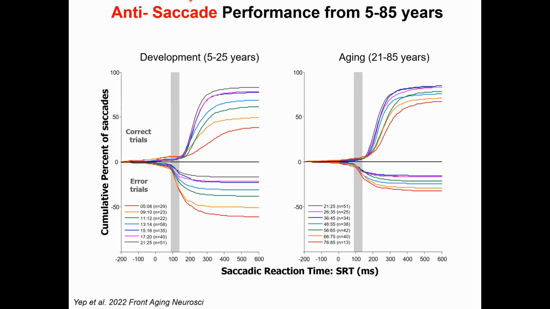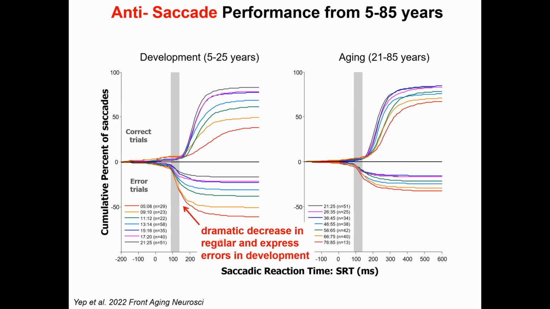Same layout now, but now it's the anti-saccade behavior I'm showing you. And you can see in the child development, just dramatic changes in behavior from ages 5 to 25. And we also have big changes in behavior as we go from the 20s to the 80s.